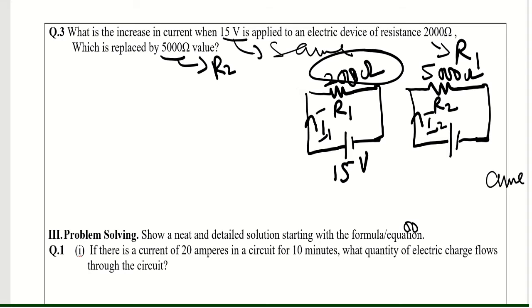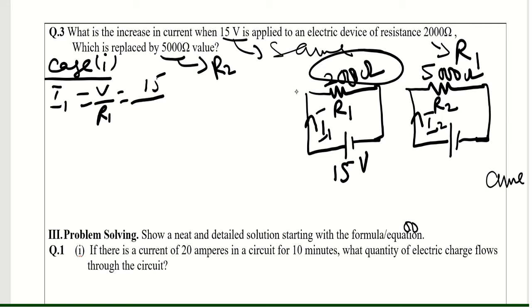So how much will the current increase? For case 1, I1 is V over R1, and this V is 15 divided by 2000, and let's calculate.